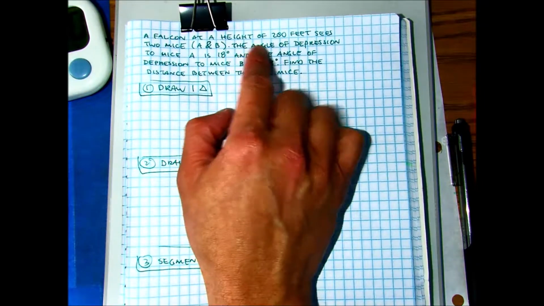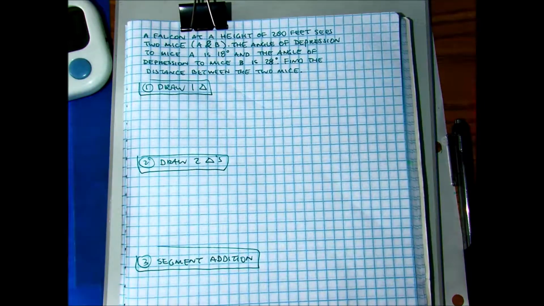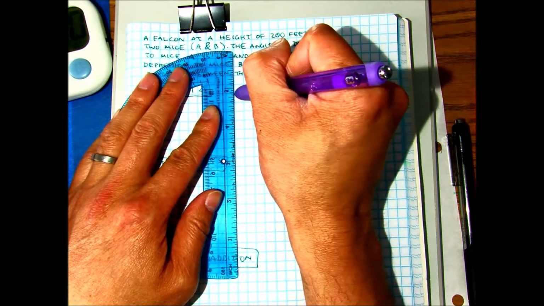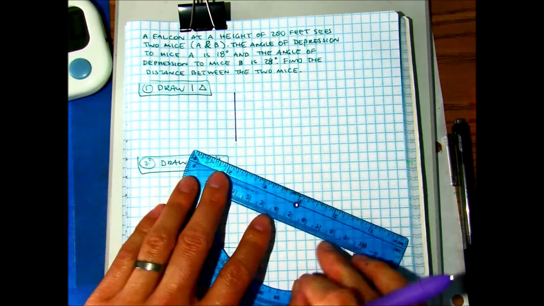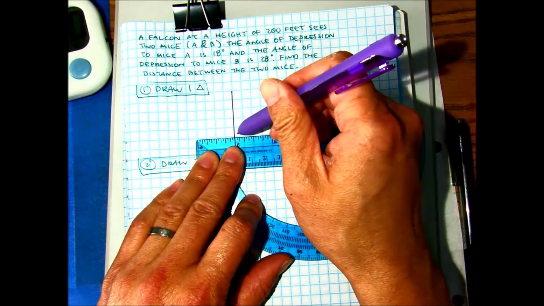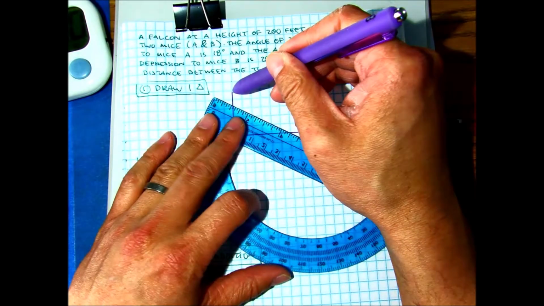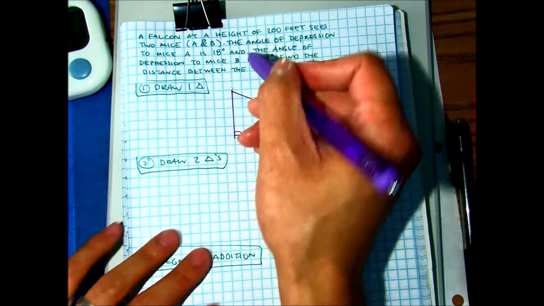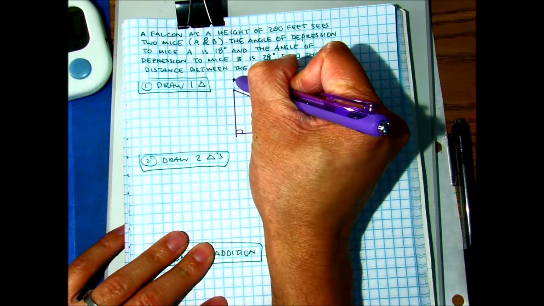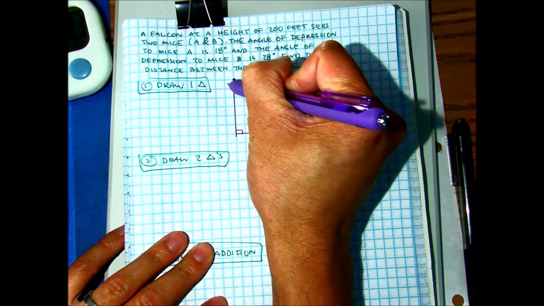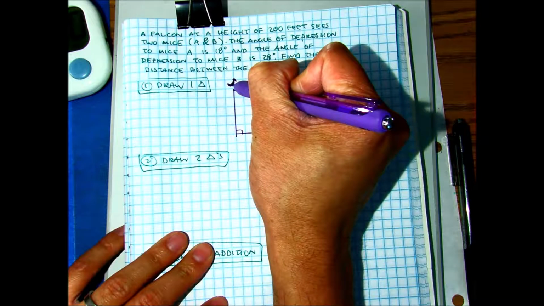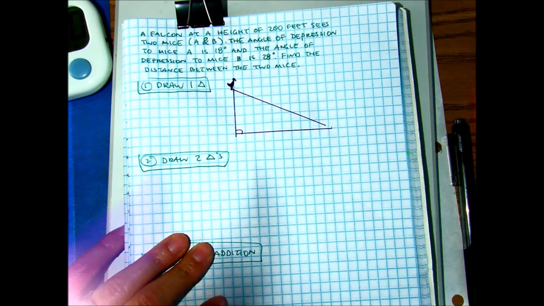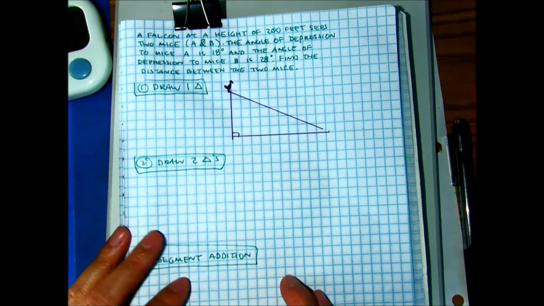A falcon at a height of 200 feet sees two mice, A and B. So I'm just going to draw a right triangle. So here's my hawk. And the hawk, falcon, is how many feet in there?